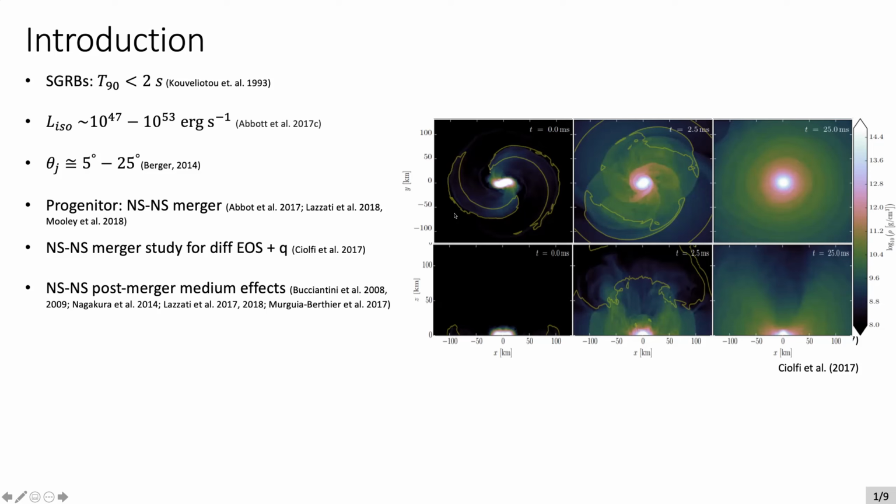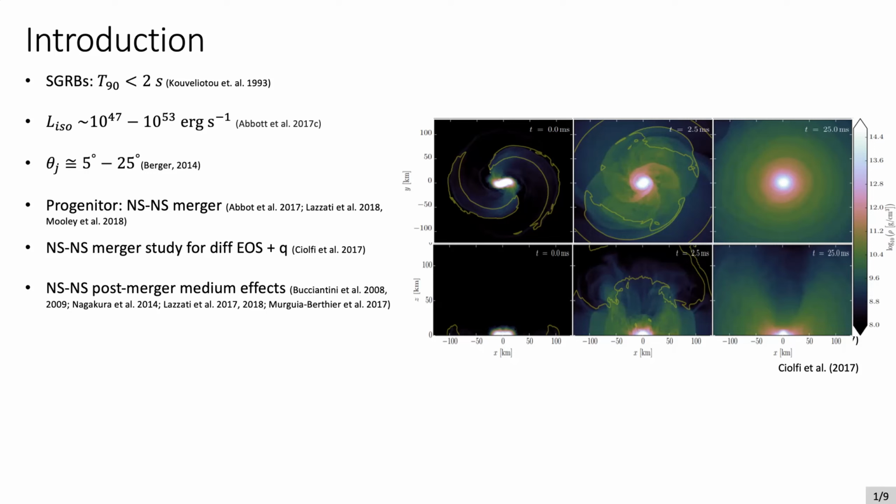We can see the planar view of this merger, and here we have the meridional view. This is a plot of the logarithmic density, and in this study they searched for different equations of state plus different mass ratios for the neutron stars, and saw what was the result of these mergers. This is quite important because we can have different initial conditions for different simulations, and this will be important in the talk.